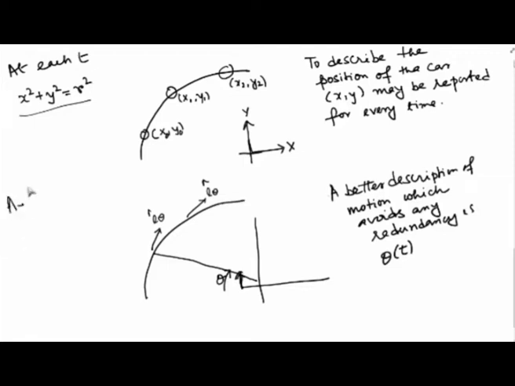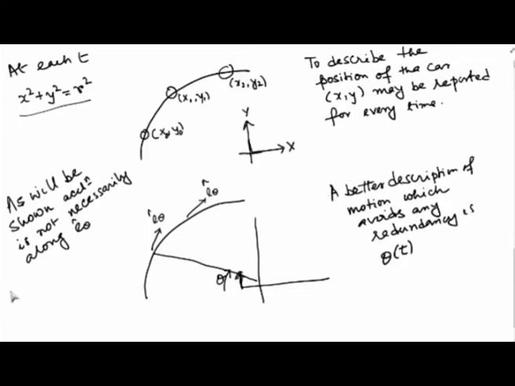So as will be shown in this case in detail, acceleration is not necessarily along e theta, and therefore this is not rectilinear motion, though it is describable by one variable.